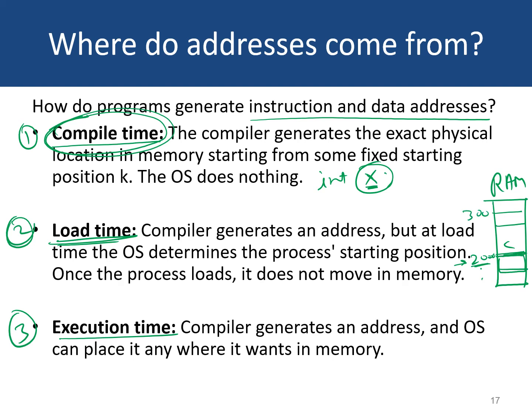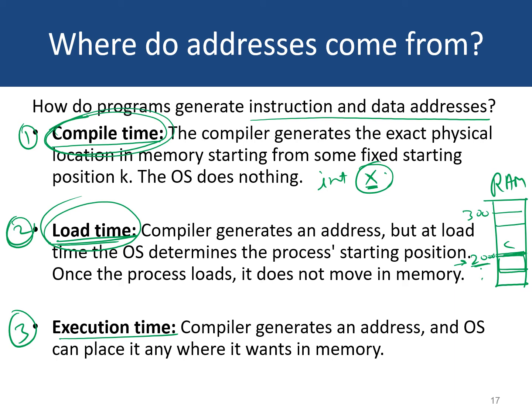The point here is it is not possible for the compiler to predict where in the main memory a given process would be allocated, and therefore we can defer generating the physical addresses until the load time when the process is actually loaded from the hard disk into the main memory, and the compiler at compile time can simply generate the virtual addresses.